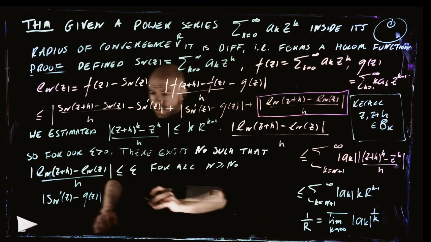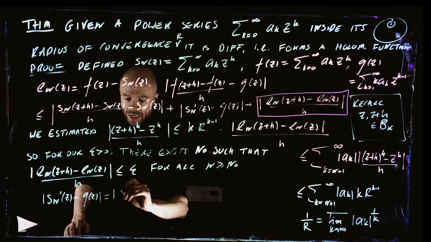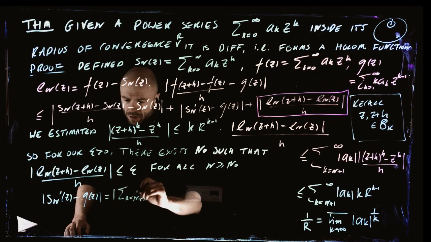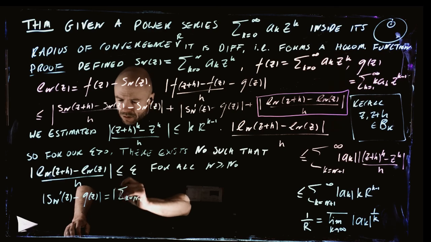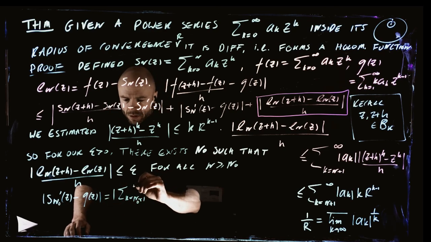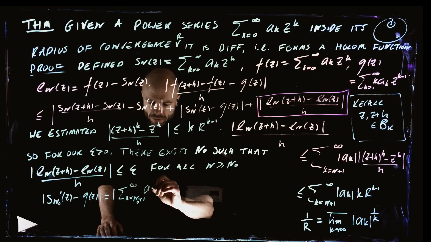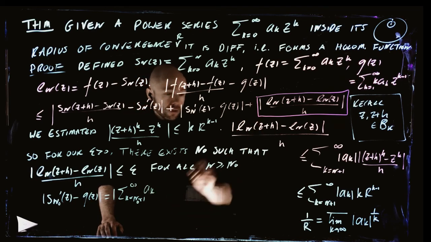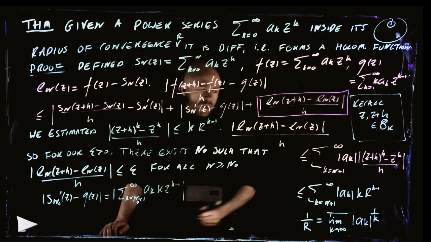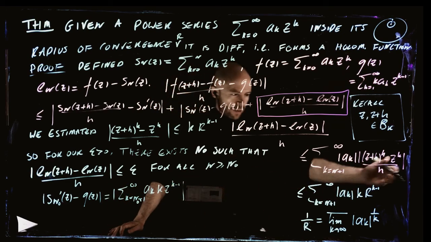So this is actually just equal to the absolute value of the sum from k equals n plus 1 onwards. Actually, let me do N0, because I said I'm going to take N0, of a_k z^(k-1), right? And then the same estimate plays out here.